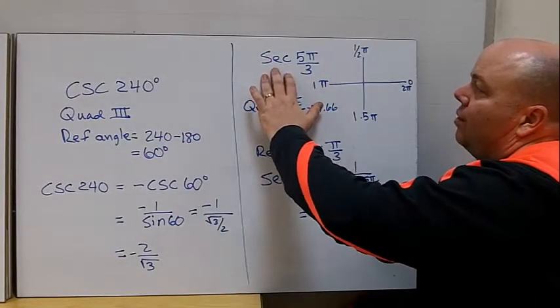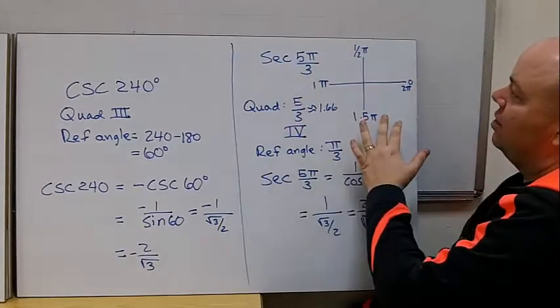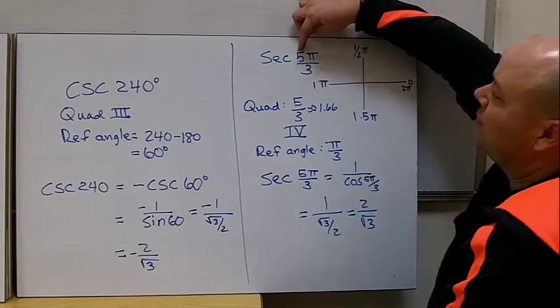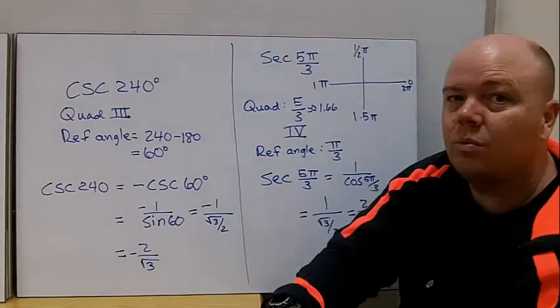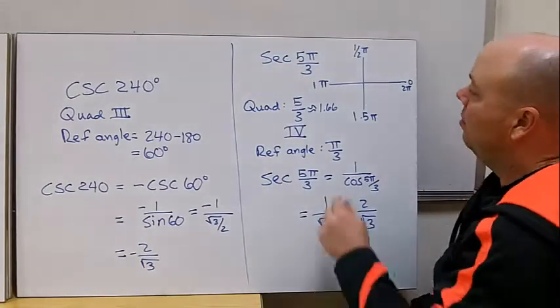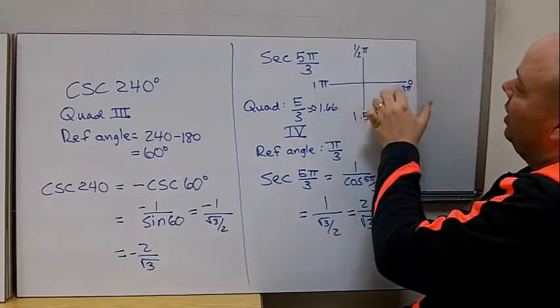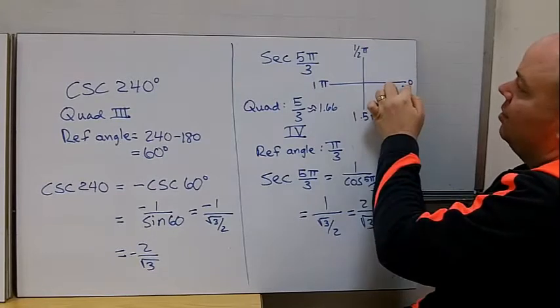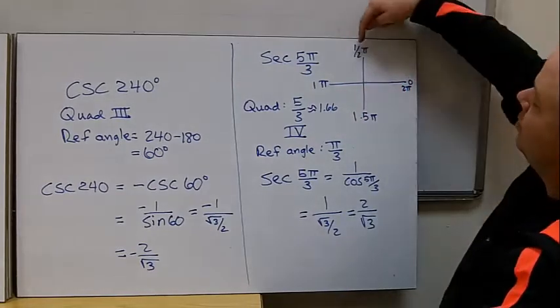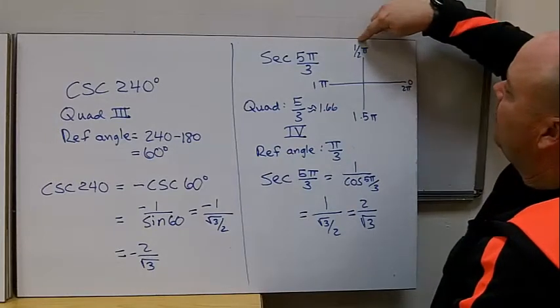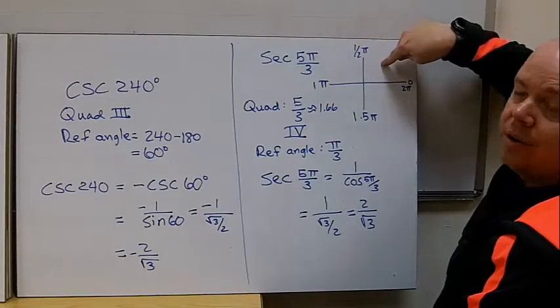Secant of 5 pi over 3. And this is where I wanted to explain what I was referencing in the last slide. It's sometimes a little difficult to figure out where the quadrant is, but if you can remember this angle will be 0 going this way, and it'll be 2 pi if you're coming from this way. So anything between 0 and 1/2 pi is in the first quadrant.